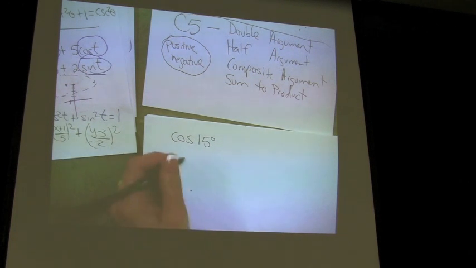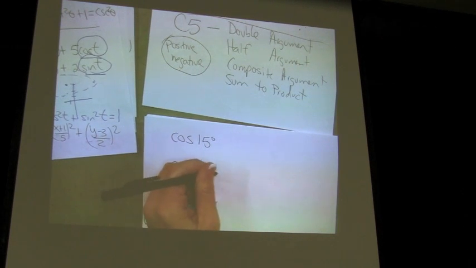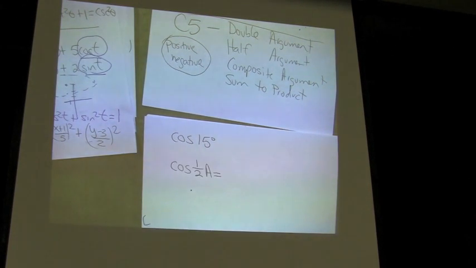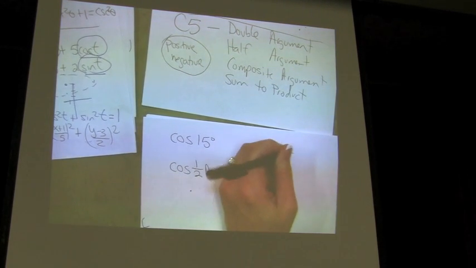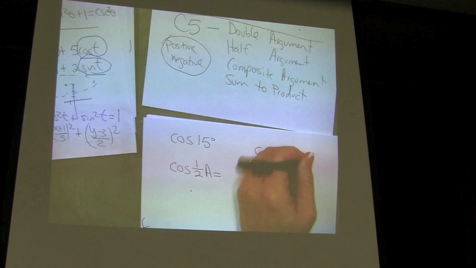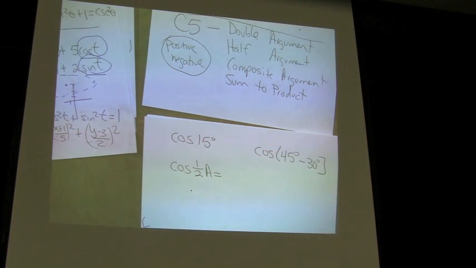Okay? You would look on your formula sheet for cosine of 1/2 A. You also, to get cosine of 15, could have done cosine of 45 minus 30. That would also give you the answer.